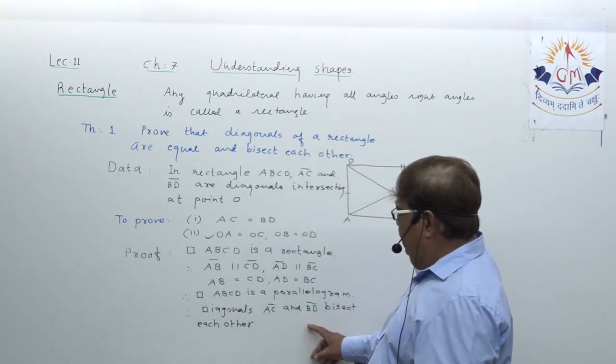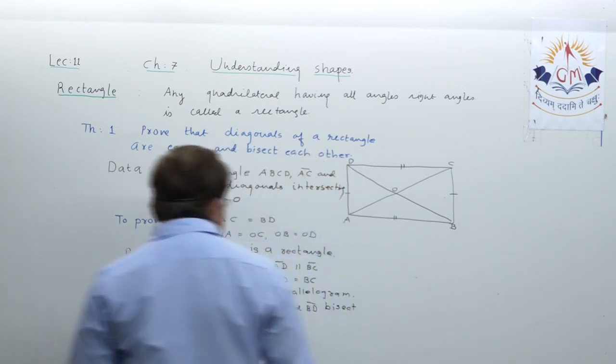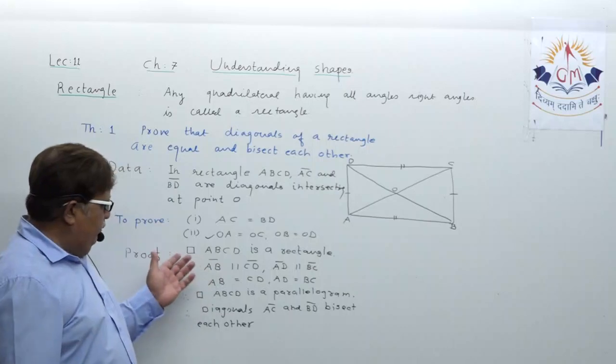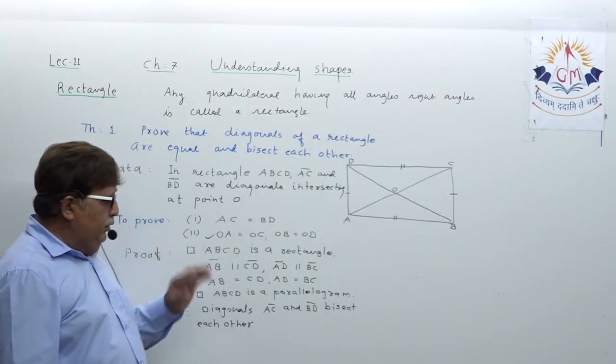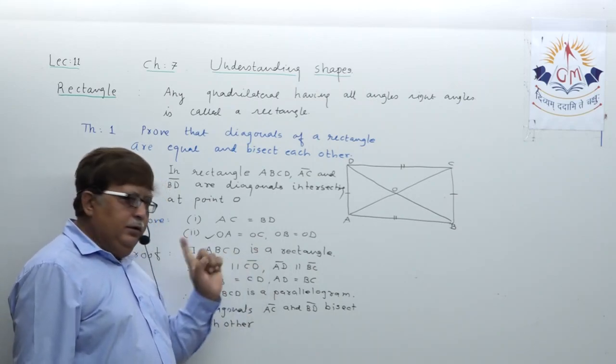How did we prove it? Just try to understand how we moved here. We first said that quadrilateral ABCD is a rectangle.